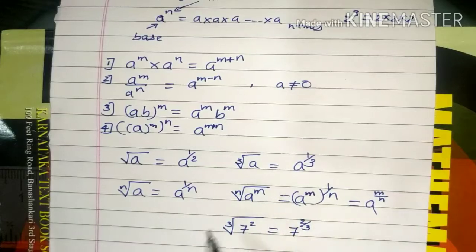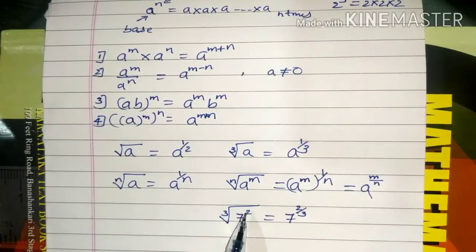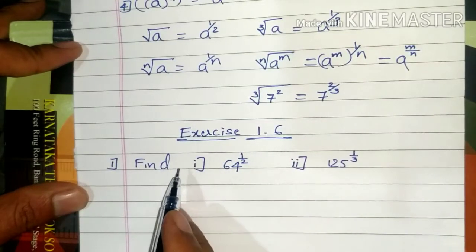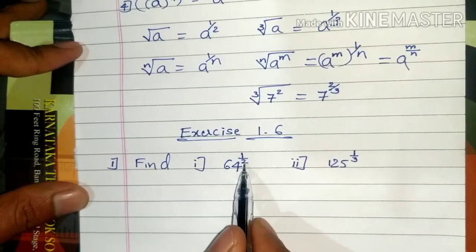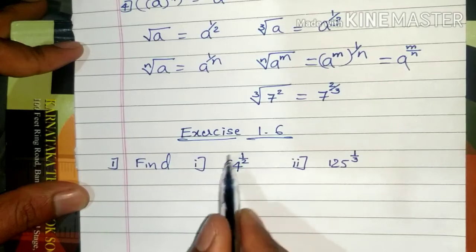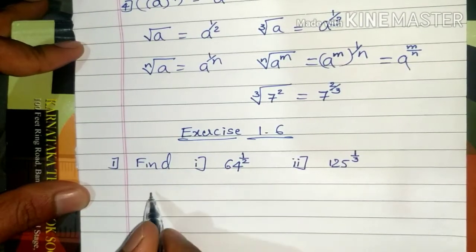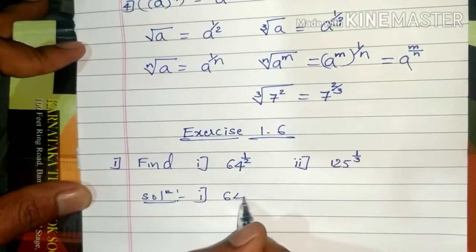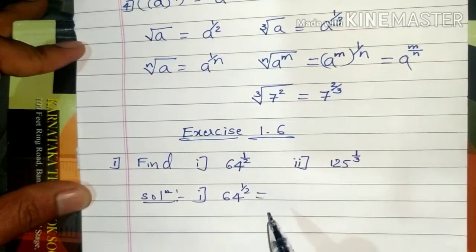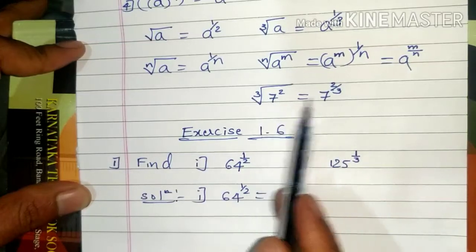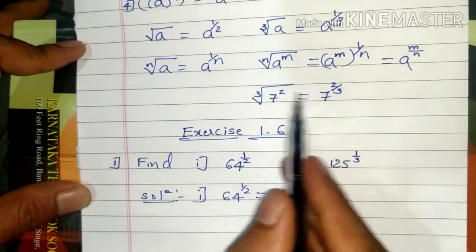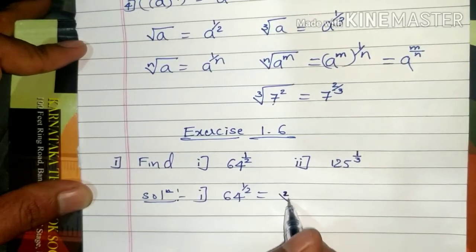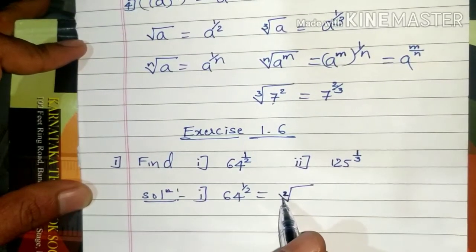Let us discuss some examples from the exercise. The first example: find 64 raised to 1 by 2. Solution: using the reverse procedure, the denominator becomes the root, and no need to write 2 here.